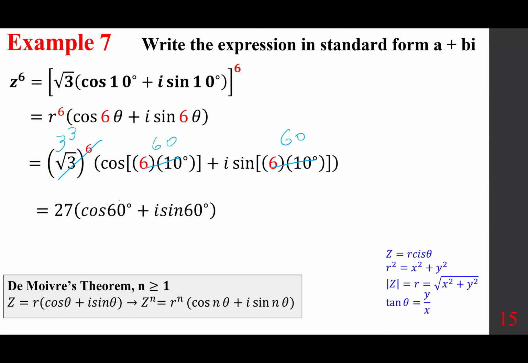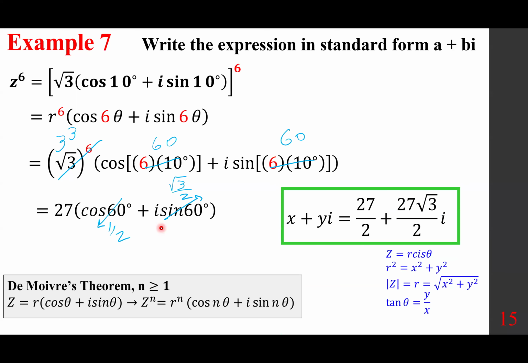Cosine of 60 is 1/2, sine of 60 is square root of 3 over 2. And if we distribute the 27, we get 27 times 1/2, which is 27 halves, plus 27 square root of 3 over 2 i, or you can put the i first, and this will be your final answer.